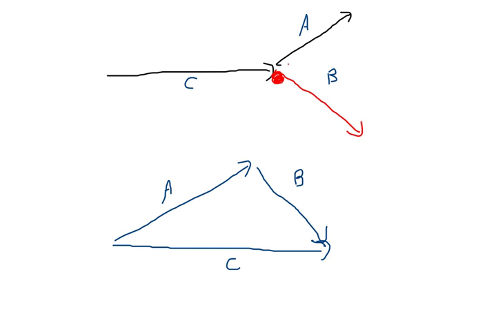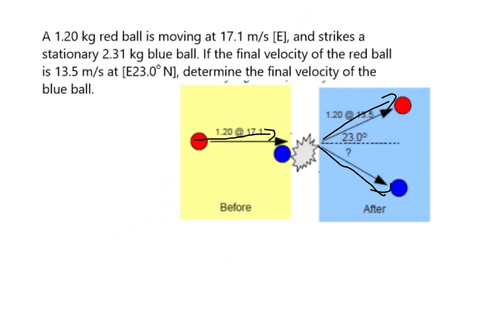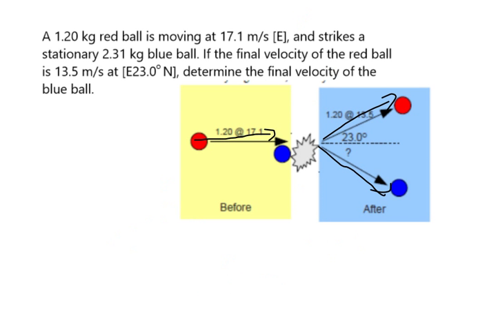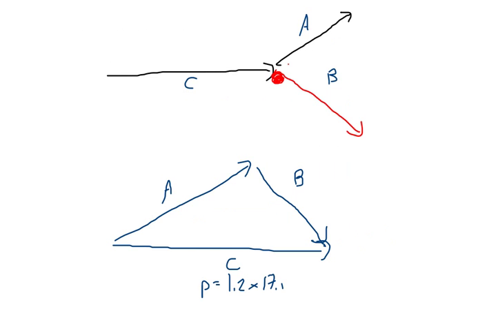For example, I can find the momentum of C, because I believe I was given C's momentum values to begin with. They were 1.2 multiplied by 17.1. So this is whatever 1.2 multiplied by 17.1 is. And the other momentum value I knew, I think, was A. Yeah, because this one went 1.2 and 13.5 when it went up on the side.